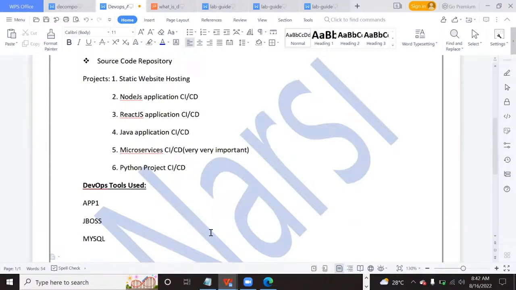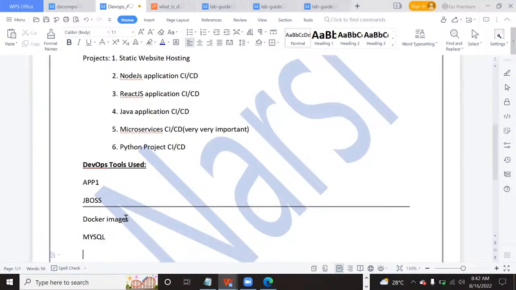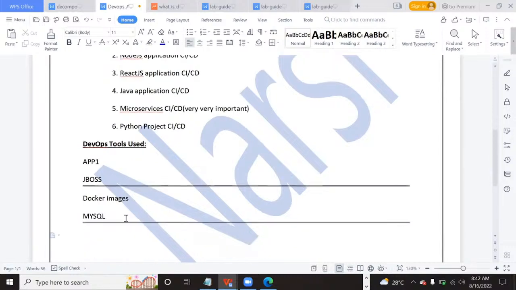Then what we will do is first, we will write the Docker, we will create a Docker image for this application and then the web server or the application server. We'll build the Docker images, and for the database also we'll build the Docker image.